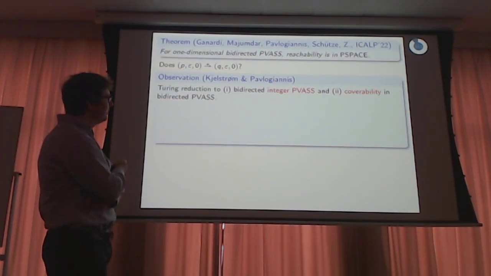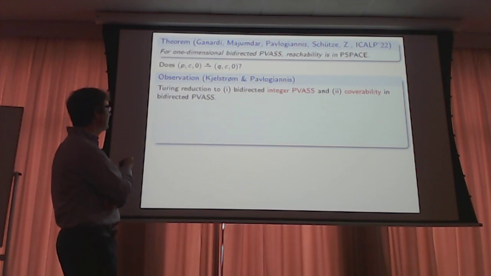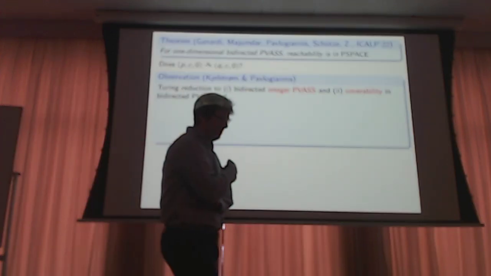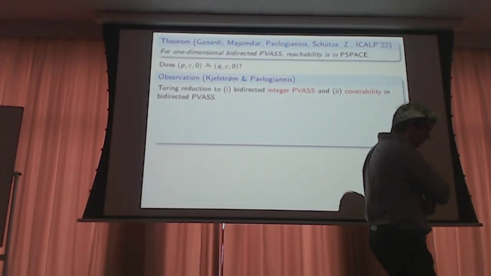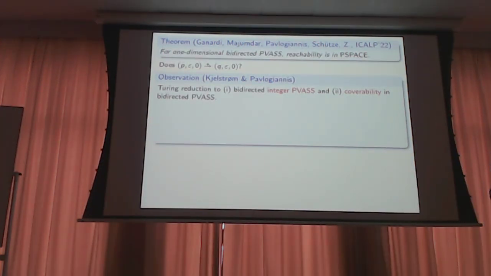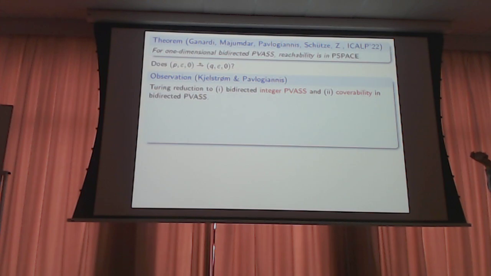First of all, there's a nice observation by Kjellström and Pavlogiannis in POPL 2022 that in the one-dimensional case, you can reduce bidirected reachability to two problems: bidirected integer PVAS and coverability in bidirected PVAS.